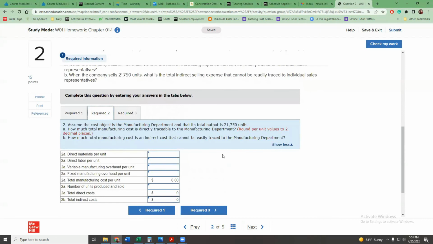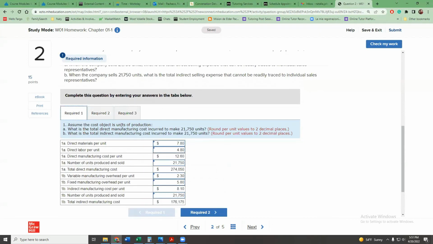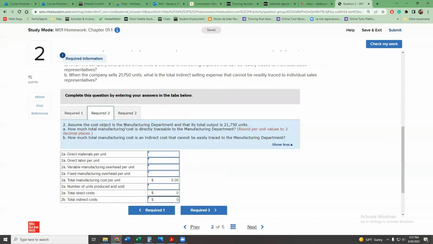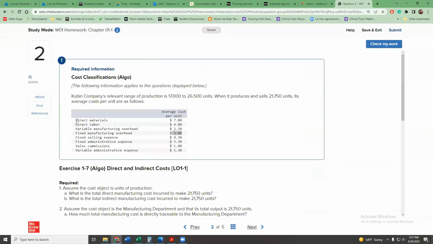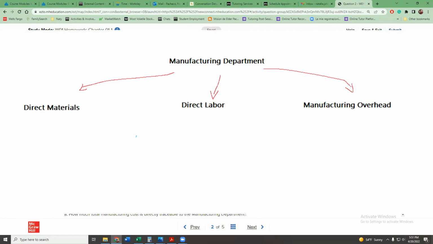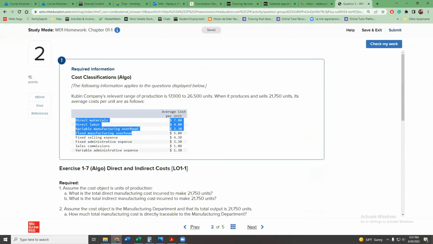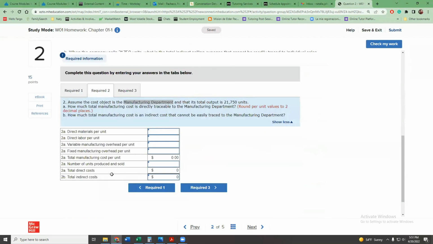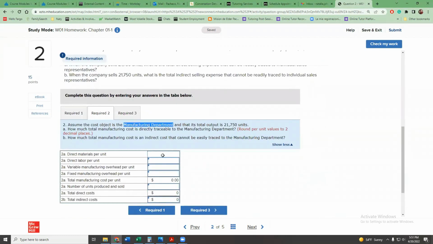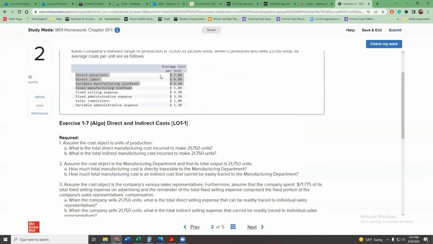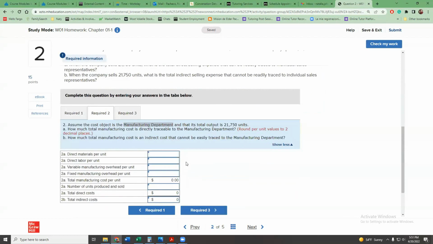Then for requirement 2, instead of focusing on the units of production, the cost object in requirement 2 is the manufacturing department. Okay, so all the costs for manufacturing department are direct materials, direct labor, and manufacturing overhead, both variable and fixed. So the direct materials per unit again is 780.